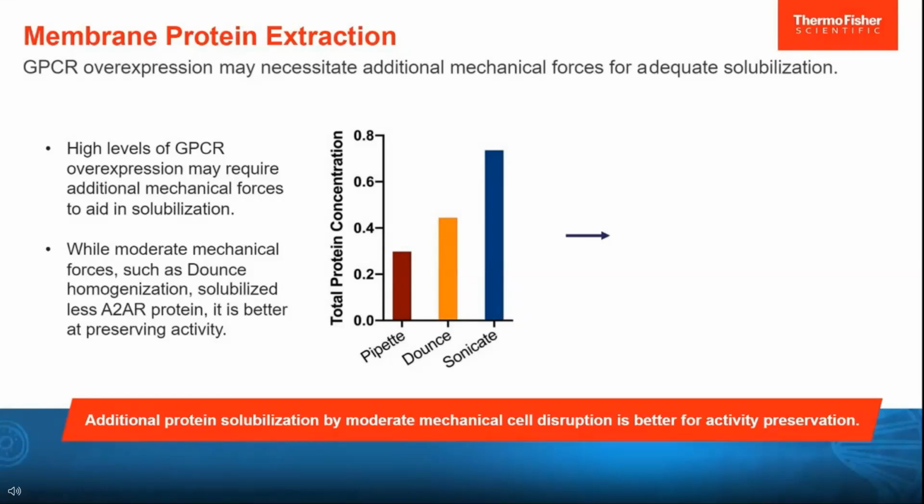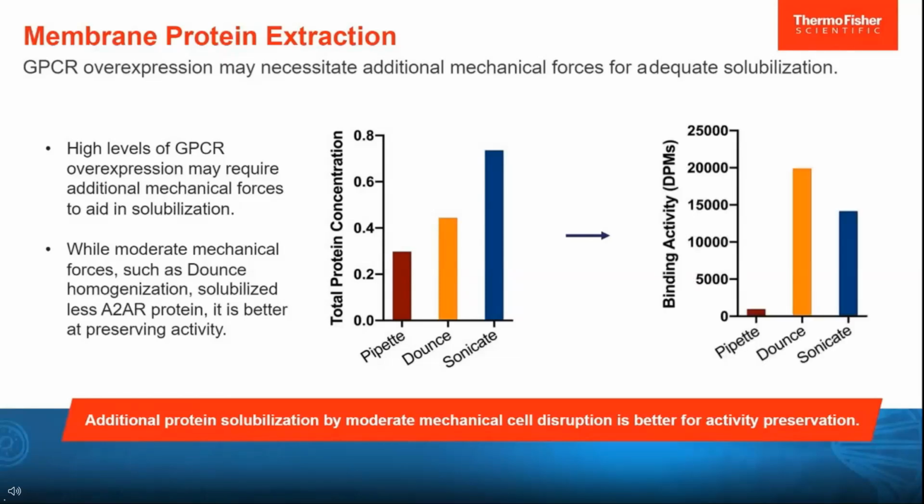The results indicated that while moderate mechanical forces like Dounce homogenization resulted in mid-level solubilization of A2AR protein, this method was actually more effective in preserving the protein's activity compared to other techniques when we're looking at the binding activity on the right.